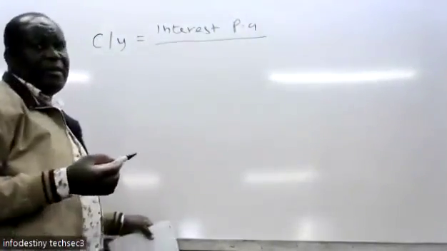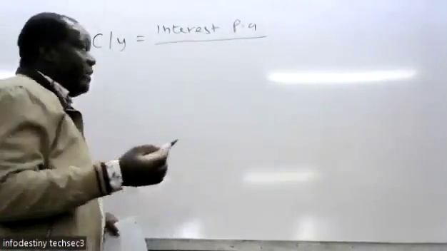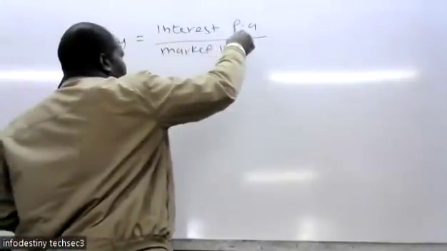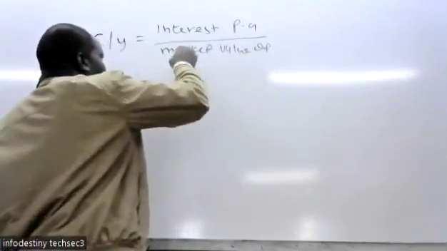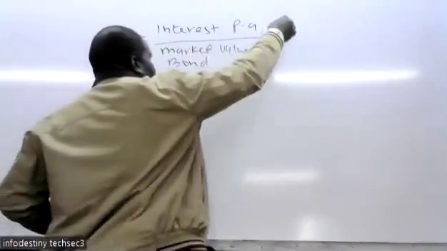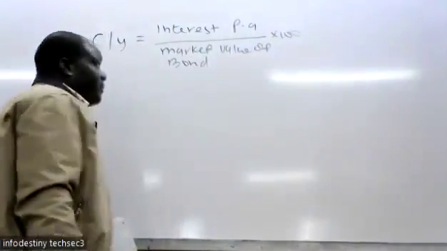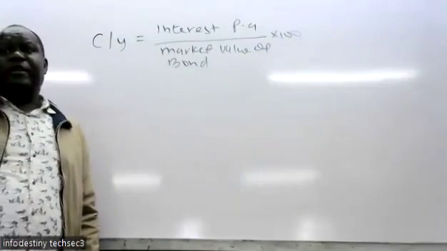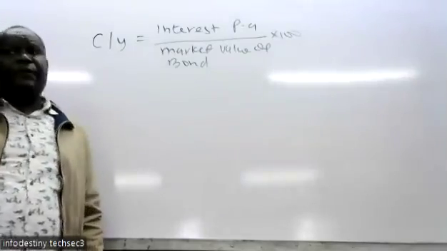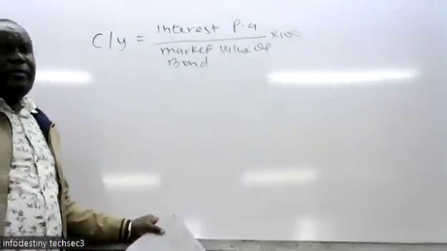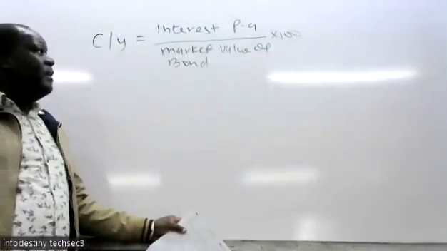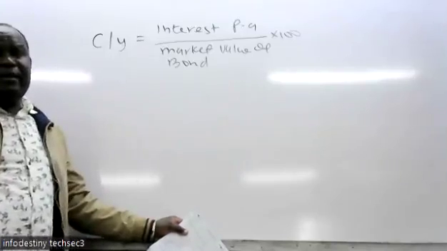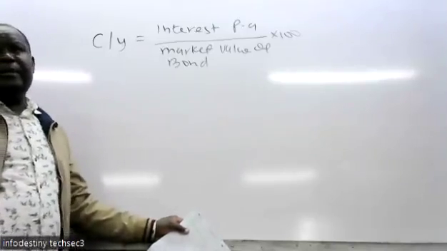You simply get the interest per annum, divide by the market value of the bond, then express it as a percentage.